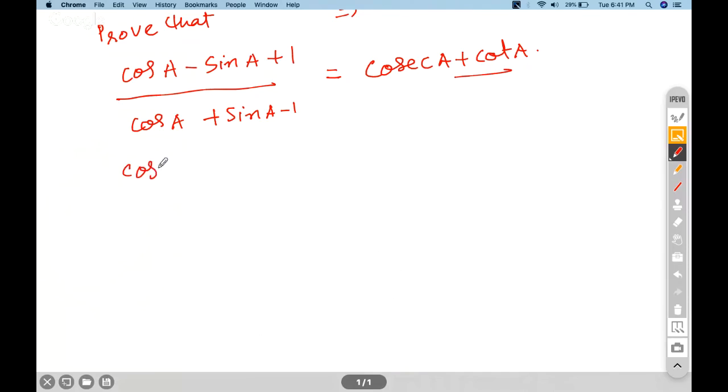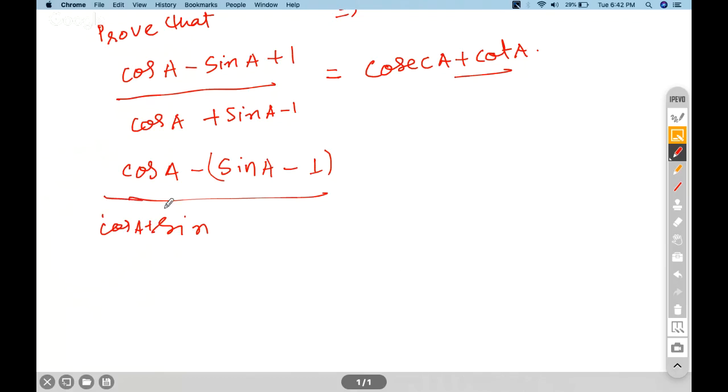This is cos A minus sine A minus 1, and this is cos A plus sine A minus 1.